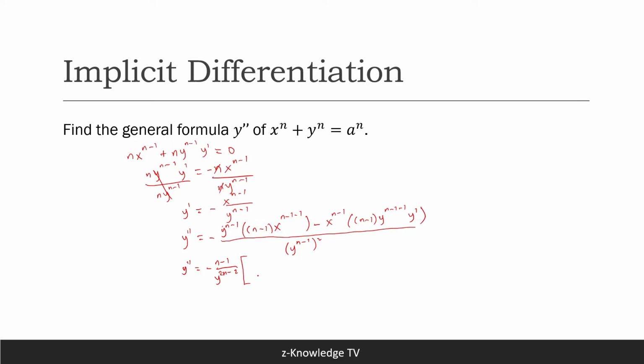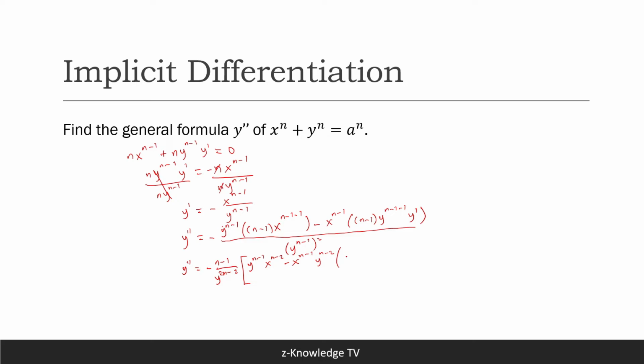Okay? Then, so, ano mga natira dito sa numerator? Kasi, since na nilabas natin itong n minus 1, so, ang matitira is y n minus 1 x n minus 2. Okay? Minus x n minus 1 y n minus 2. Okay?